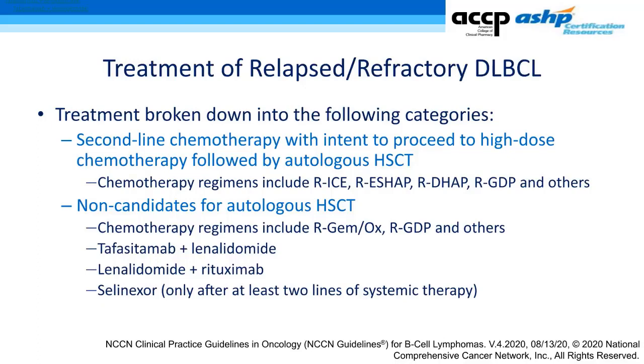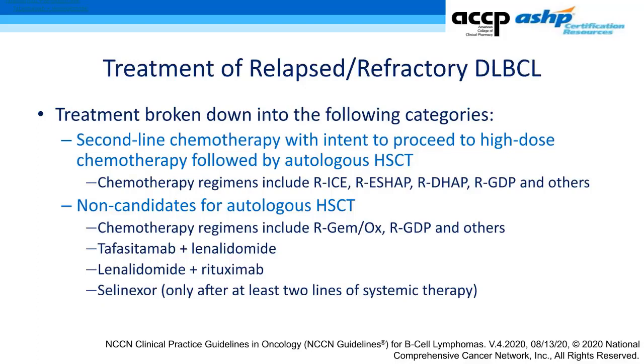So if your goal is to get this patient to an autologous stem cell transplant, your second-line chemotherapy should include agents that will spare the stem cells. So these would be regimens like R-ICE, R-ESHAP, and R-DHAP, as well as some others. If they're not a candidate for an autologous stem cell transplant, you actually have many more choices for their chemotherapy regimen because you're not thinking about preserving those stem cells for collection later.